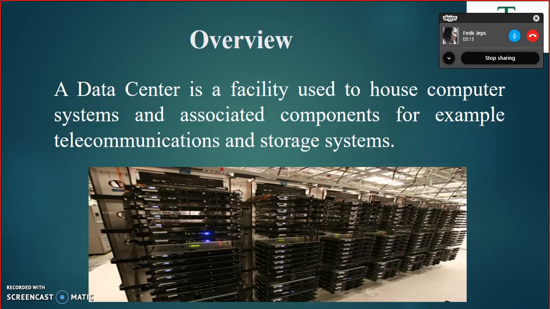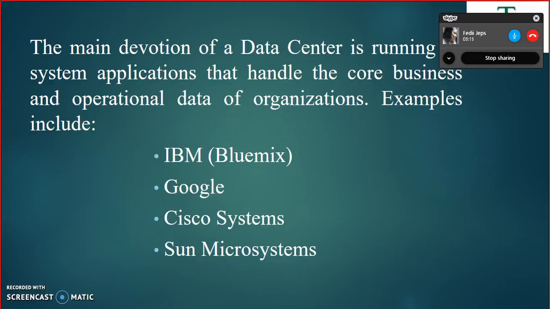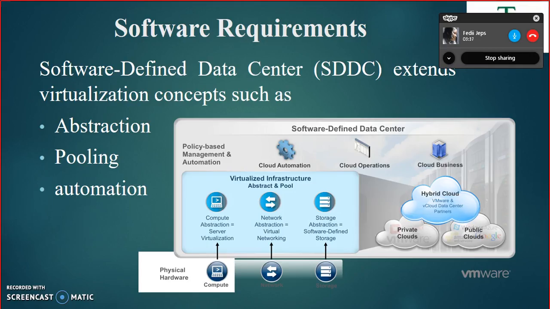Examples of data centers are the IBM data center, which uses Bluemix, the Google data center, Cisco Systems, and Sun Microsystems for Java and Oracle. The main function of a data center is that it handles the core business and operation data for an organization.